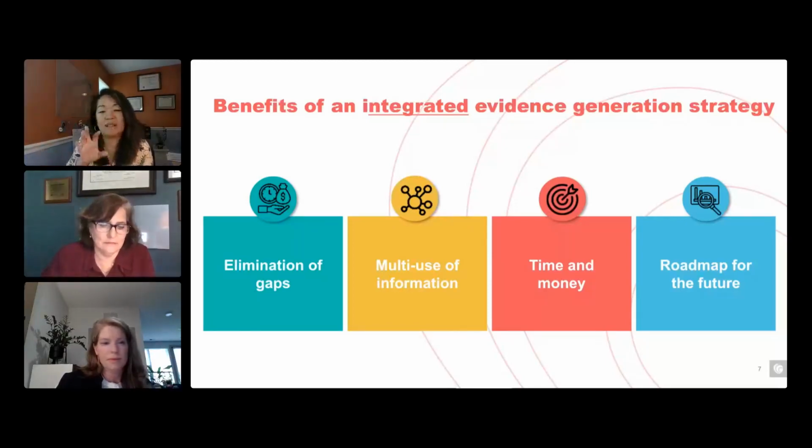We talk a lot about the idea of coming together in an integrated way to think about evidence, because at the end of the day, it really is all the same across the life cycle of a product. The value here we're highlighting is the elimination of gaps, being thoughtful about the needs in the literature and the needs of the different stakeholders, really eliminating those gaps. Sometimes you can do that with data, sometimes you can't.